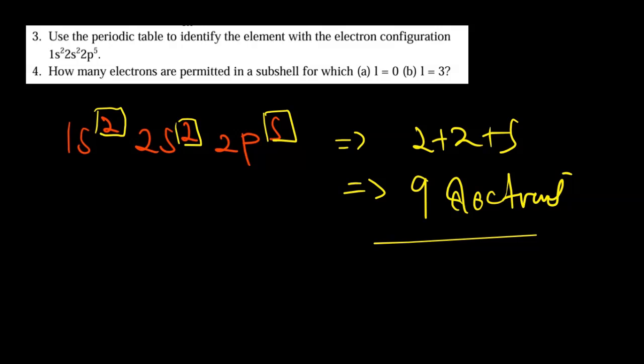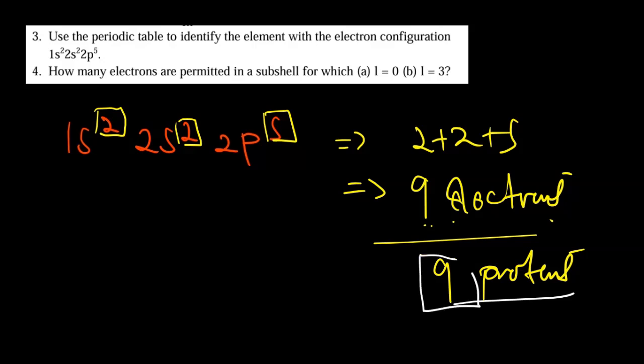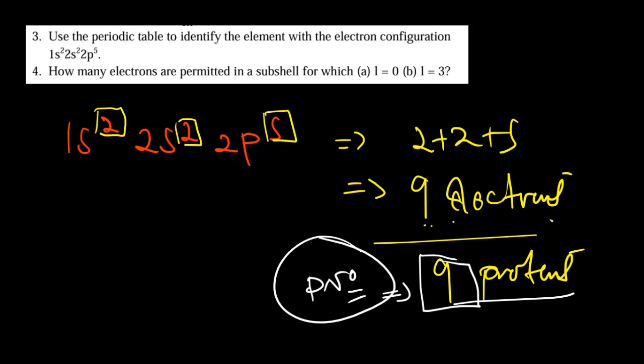So what do you do with your 9 electrons? If this element has 9 electrons, it means it has 9 protons, because they said we have to use the periodic table, so I'm assuming these are not ions, so no electrons lost or gained. This 9 protons indicates the proton number, which is also the atomic number.